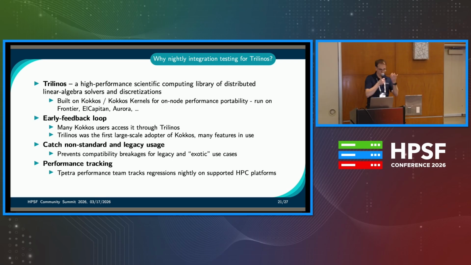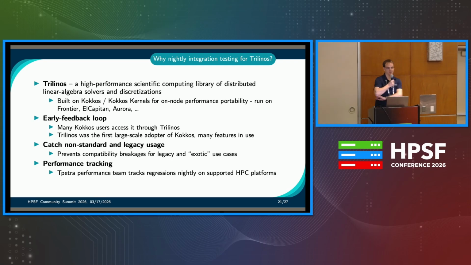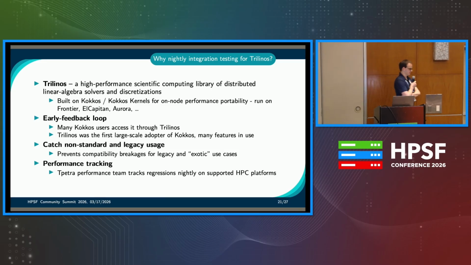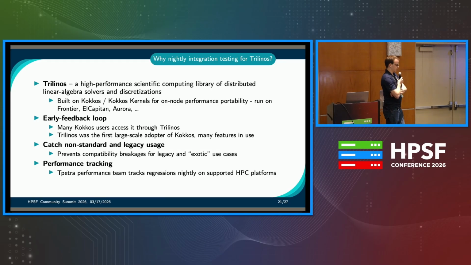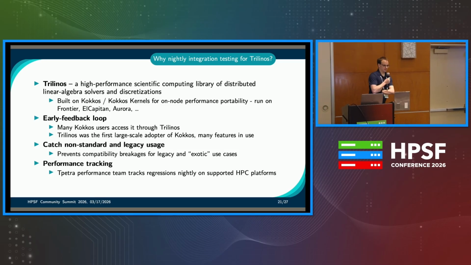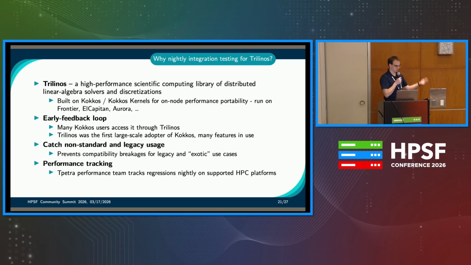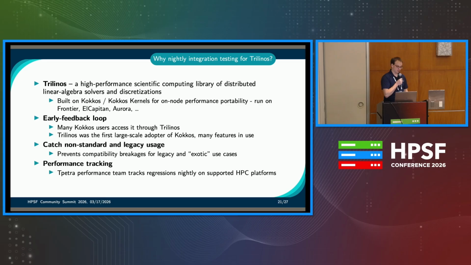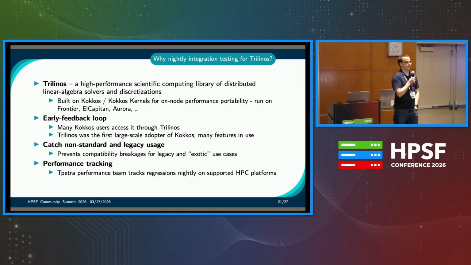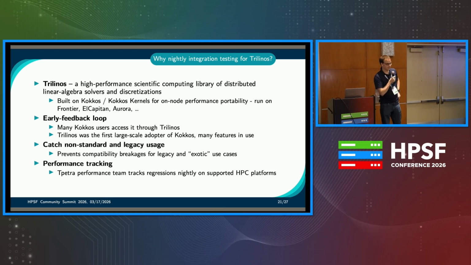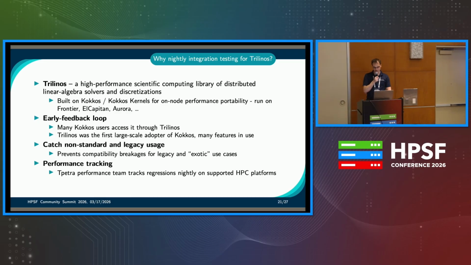First of all, probably all know Trilinos is a high-performance scientific computing library, with distributed linear algebra solvers and discretizations, and Kokkos originated from Trilinos, and would then be its own package in the 2010s or so, and in the end just became a separate project. But that also means that Trilinos uses Kokkos quite a bit and ties into Kokkos internals quite a lot.